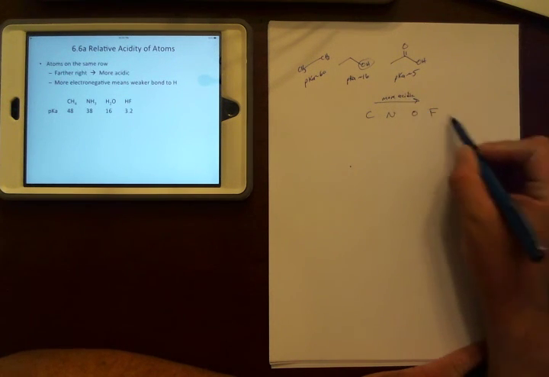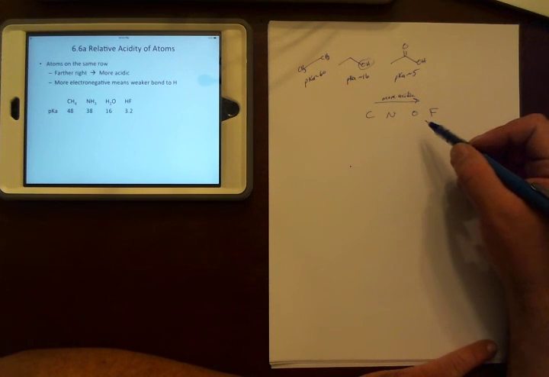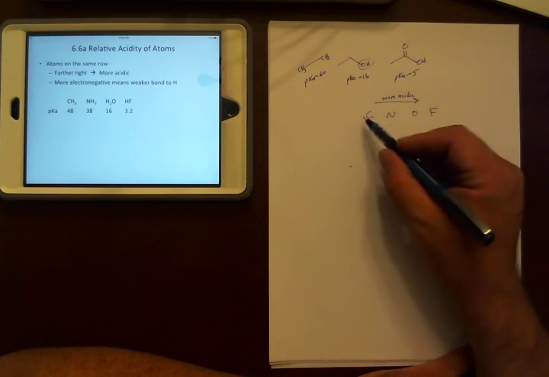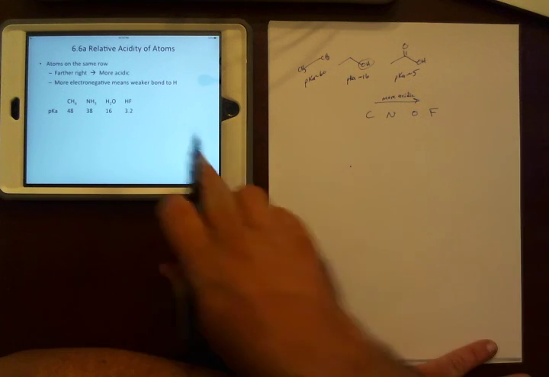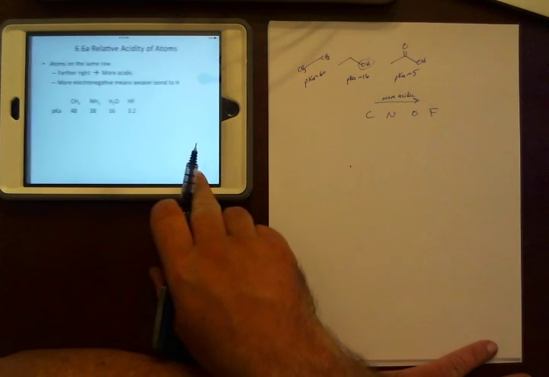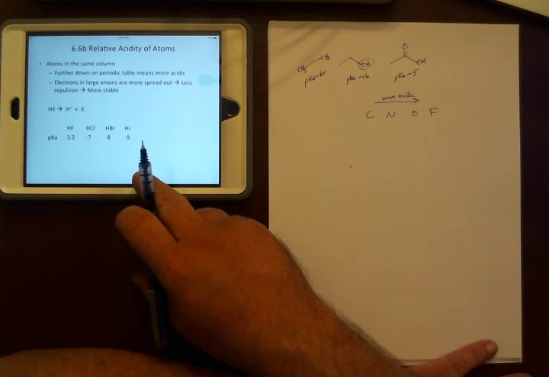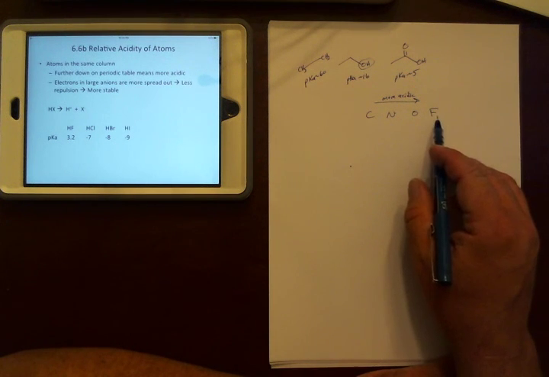HF is a weak acid, but compared to methane, it's really acidic, because the electronegativity in this case is going to weaken that bond.